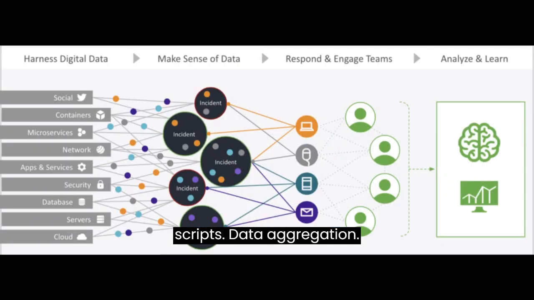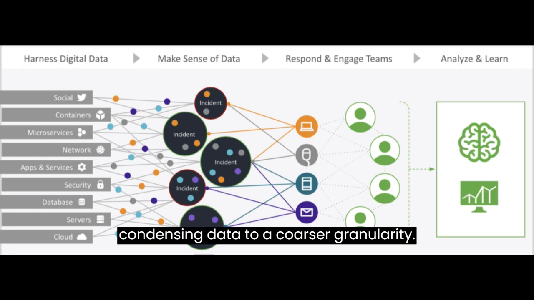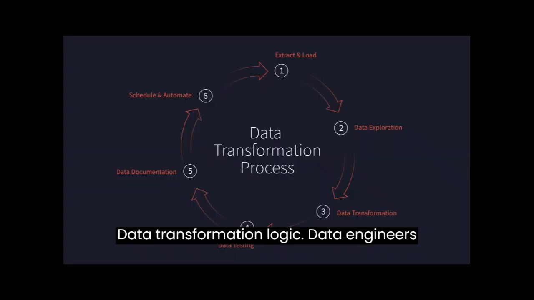Data aggregation. Aggregation involves summarizing and condensing data to a coarser granularity. It often includes operations like grouping data by a specific attribute and calculating aggregate statistics, for example sum, average, count, for each group. Aggregation is useful for creating reports and dashboards. Data transformation logic.